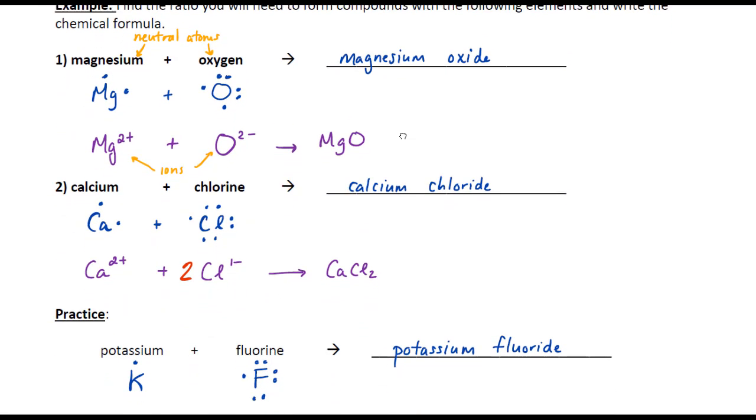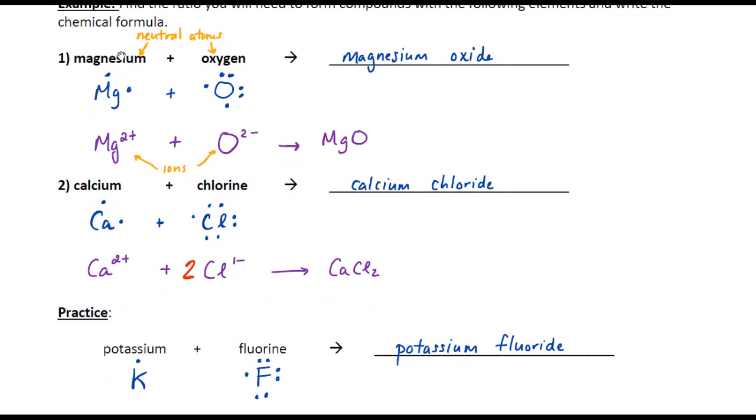And here's what we do. We take our magnesium and our oxygen and we write out what it is that they're going to look like if they are neutral. So we would have 2 electrons for the magnesium, you'd have 6 valence electrons for the oxygen. And then I imagine what would happen if I made it an ion. If I strip off these 2 electrons, then I will have a 2 plus charge because I am now 2 less negative than I was before.